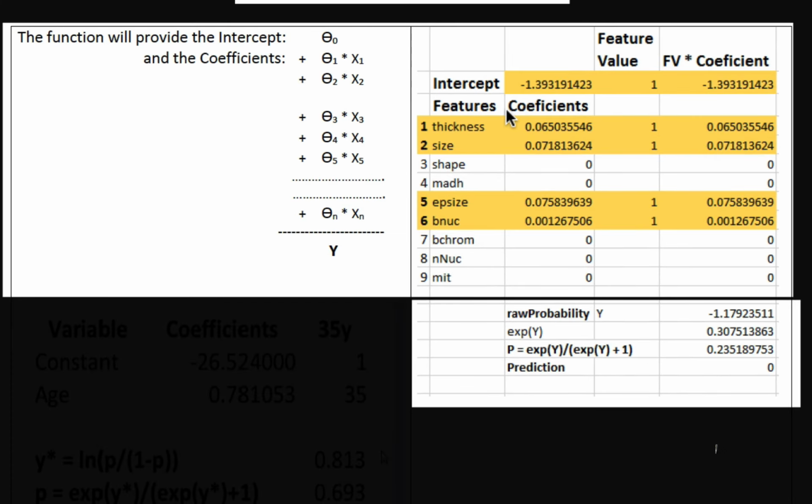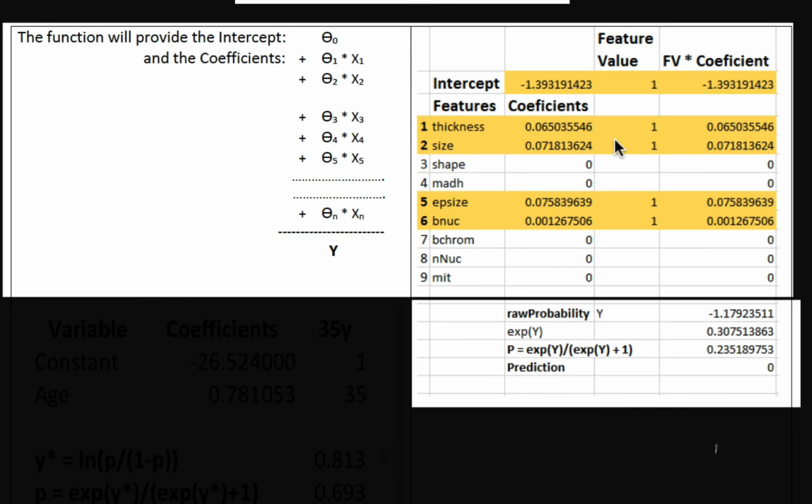The SPARK program prints the coefficients saying that there are 9 features, and of these 9 features, only the features 1, 2, 5, and 6 have coefficients, and the coefficients are these values: this one, this one, this one, and this one.